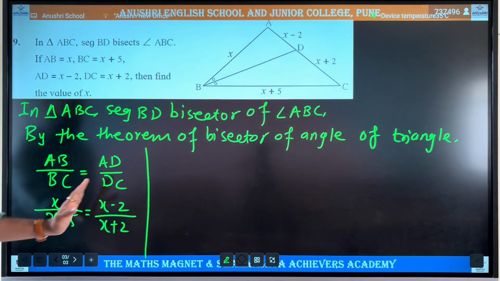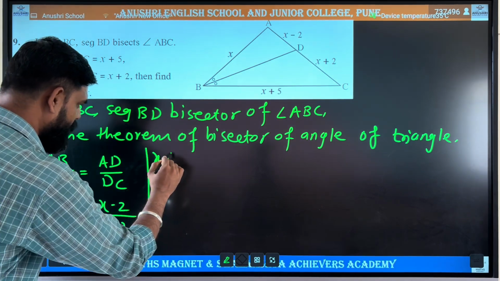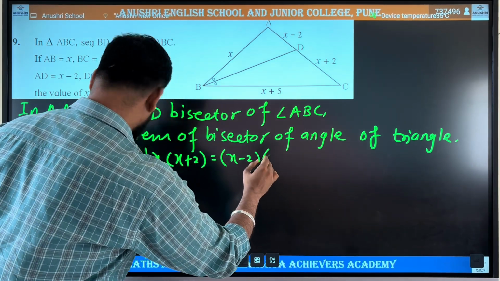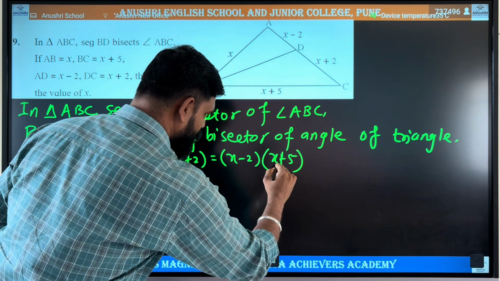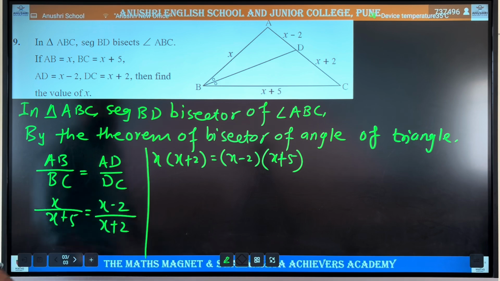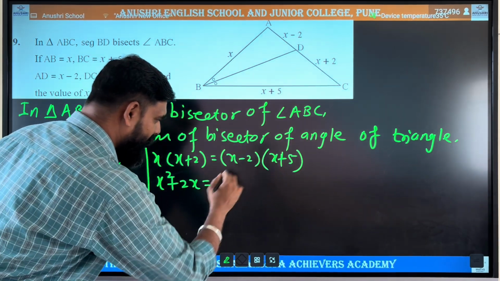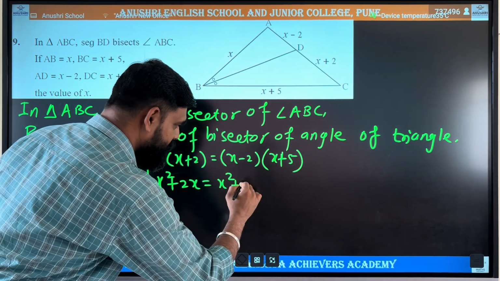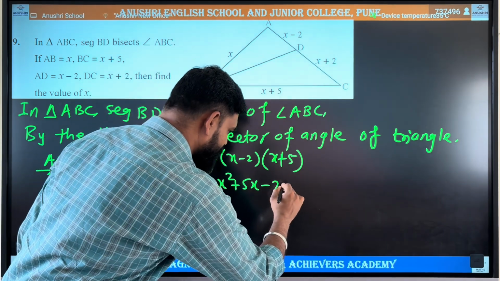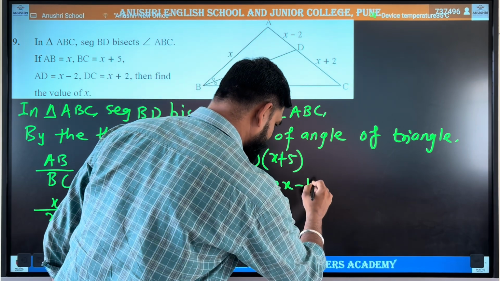Now we can cross multiply and we will get x into x plus 2 is equal to x minus 2 into x plus 5. So we have cross multiplied, and we get x square plus 2x is equal to x into x is x square, plus x into 5 is 5x, minus 2 into x is minus 2x, and minus 2 into 5 is minus 10.